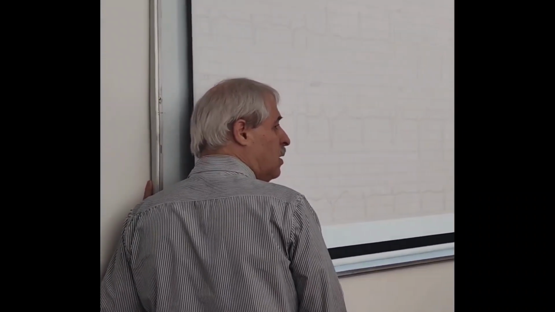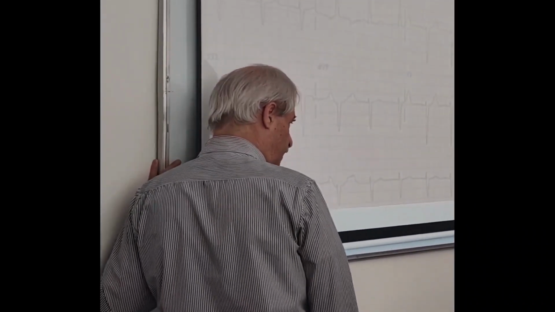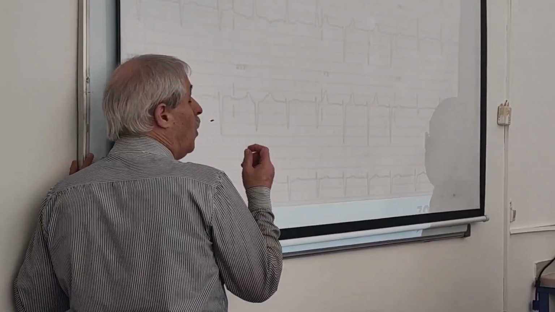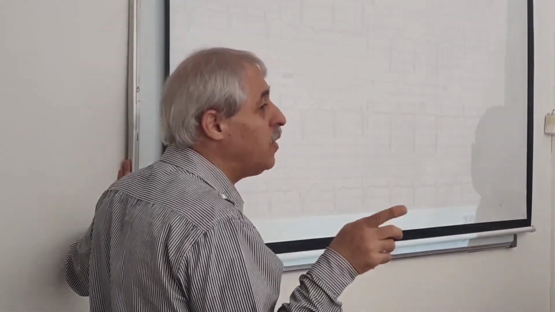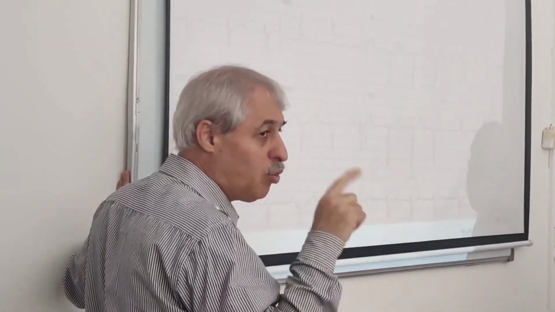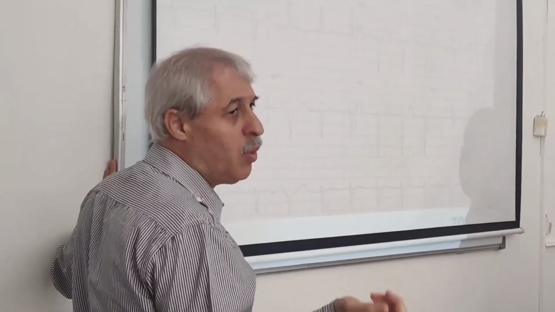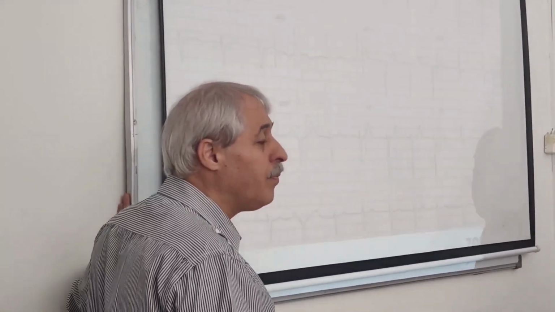Around 71, 72 or something. Is that clear? So 1,500 over the number of small squares between two subsequent QRS complexes. 1,500 over 21 equals 71. Why 1,500? There are two ways.